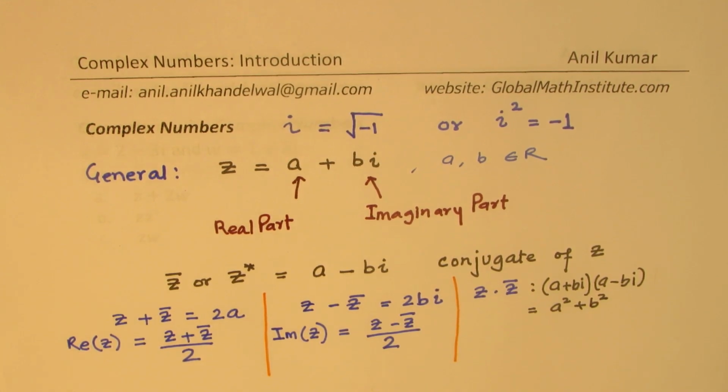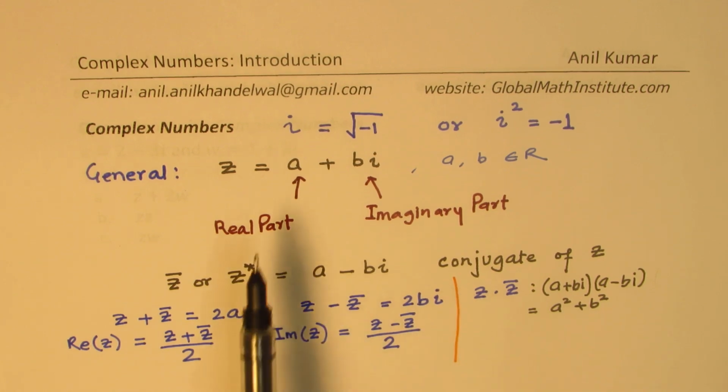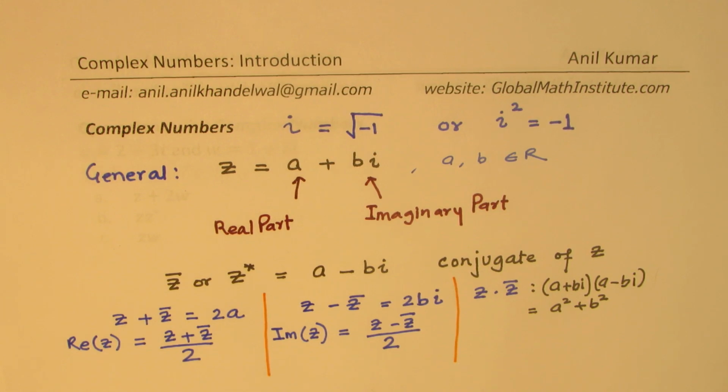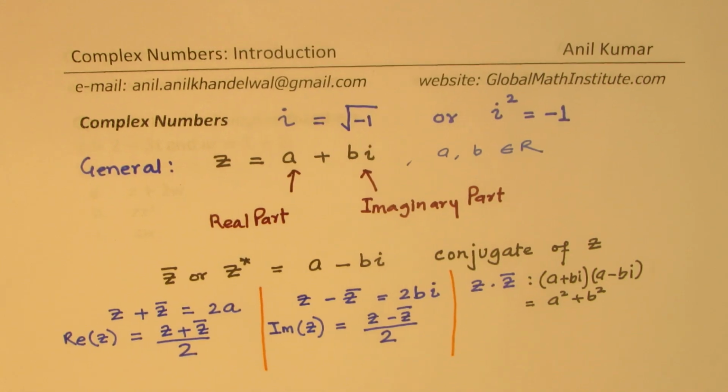So what do you get here? The product of a complex number and its conjugate is always equal to the sum of squares of the real part and the coefficient of the imaginary part. Right? So these are a few important properties which we should keep in mind while working with complex numbers.